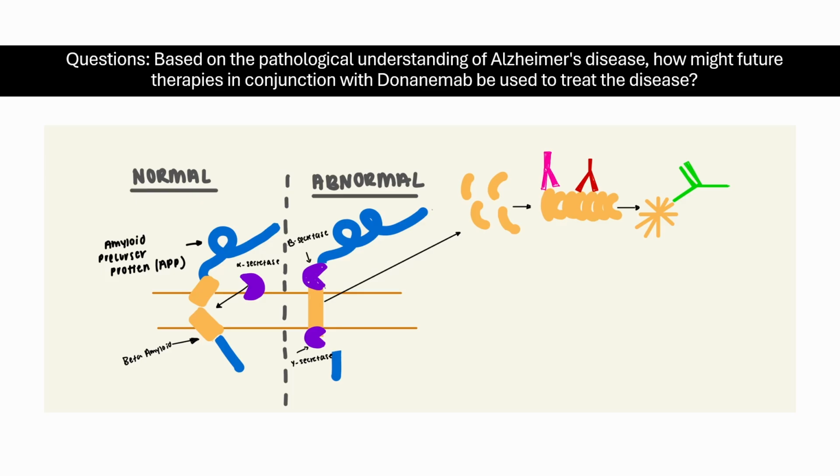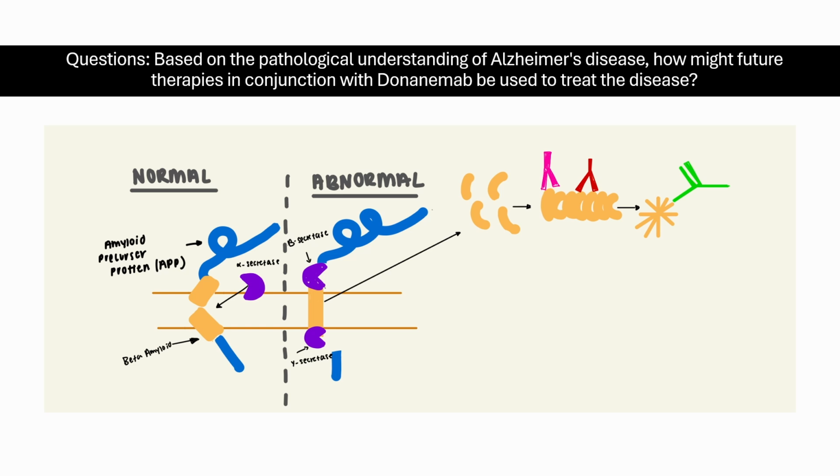Based on the pathological understanding of Alzheimer's disease, how might future therapies in conjunction with donanemab be used in the treatment of the disease? So essentially, donanemab tries to phagocytose the beta amyloid plaque once it's already formed. However, we have other medications such as aducanumab, which binds to the N-terminus of the beta amyloid fibrils before they form a plaque to try to stop that aggregation from happening.